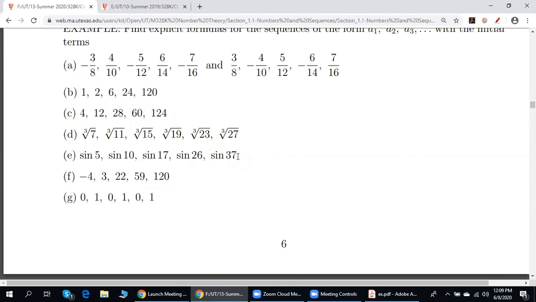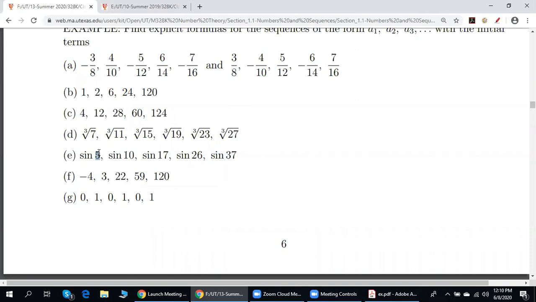Was that your idea? Yes, Professor, it was. And how did you come up with the formula? What did you do next? Well, after I got the idea it was perfect squares, it's pretty simple to just subtract 1 and see that they are perfect squares, and then build on from there. Yes, we subtract 1.